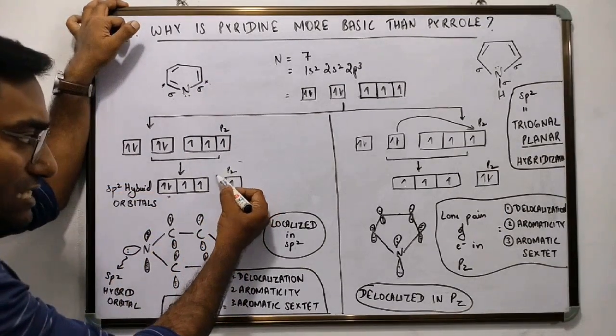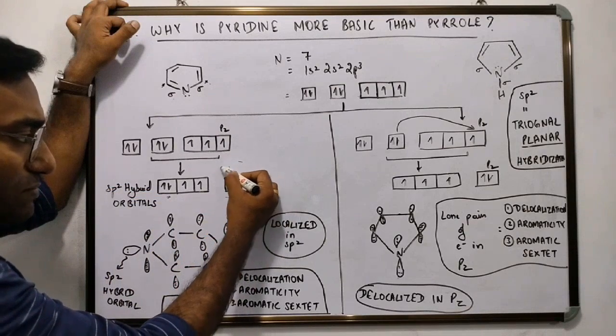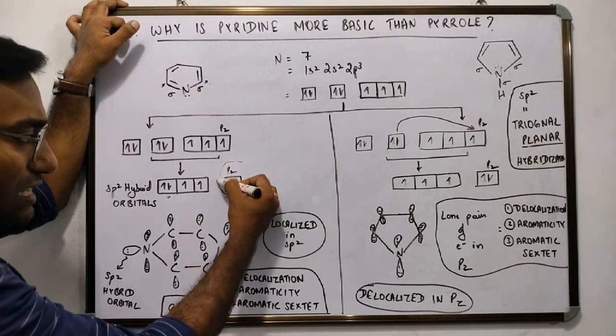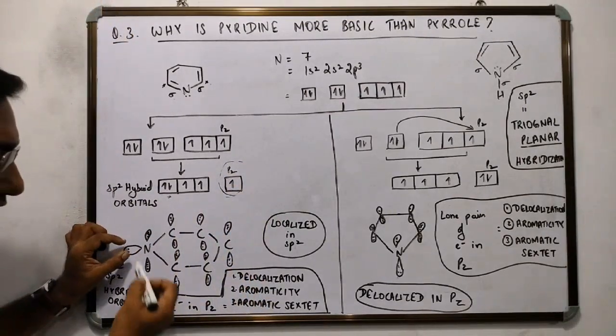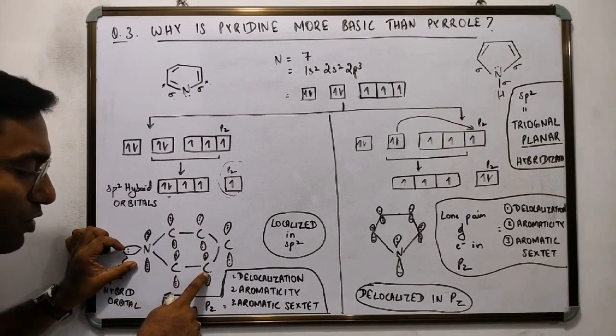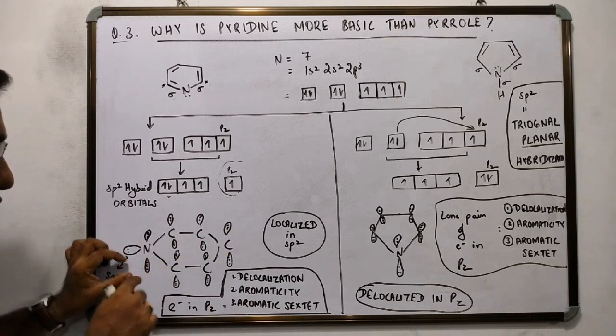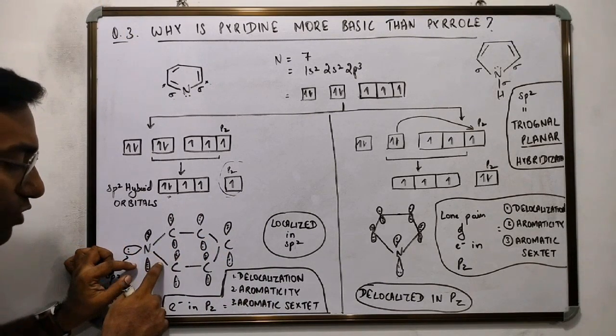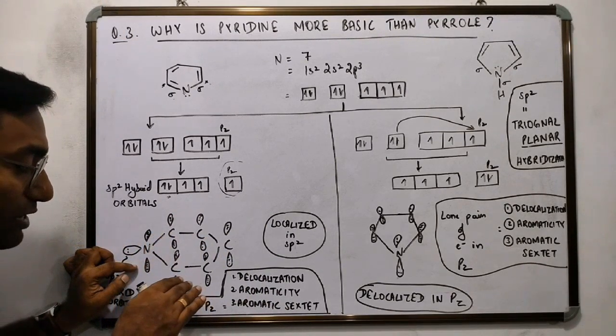Now, of course, there is a pz orbital that remains unhybridized, and because it is unhybridized, it remains perpendicular to the plane of the molecule, or to the plane of the overlapped sp2 hybrid orbitals.